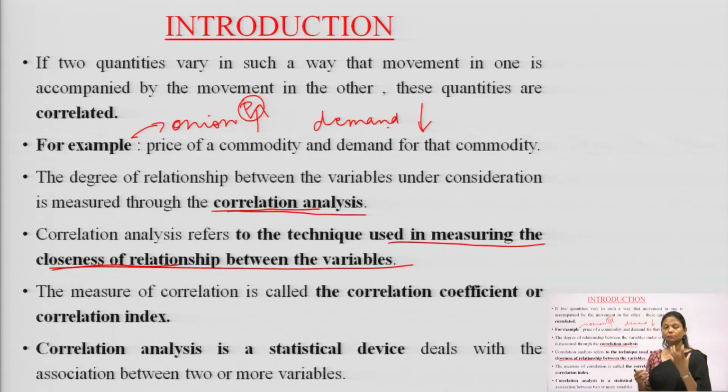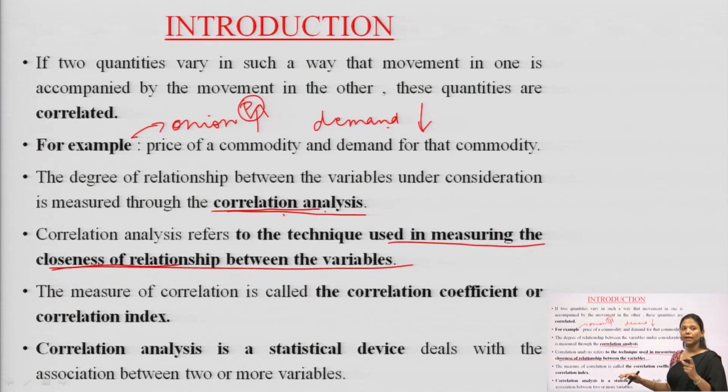For example, a very simple example, when we talk about price and demand for a commodity, when the price increases the demand goes down, or when the price decreases the demand increases. A simple relationship we can study by this example of price and demand. So, the degree of relationship between the two variables is measured under correlation analysis.